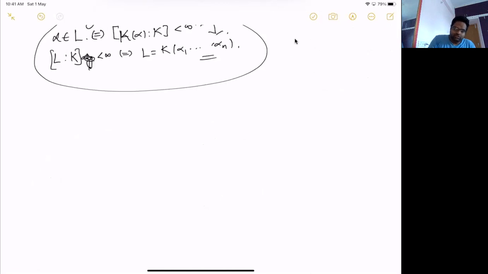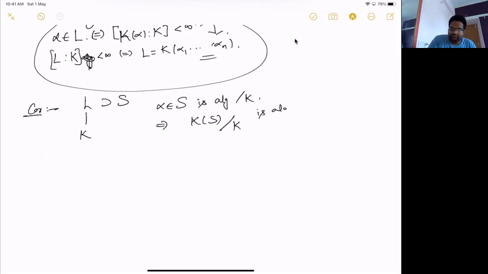Now, a corollary. Let L over K be an extension and S be a subset of L. If each alpha belonging to S is algebraic over K, then K(S) over K is also algebraic. Why is this algebraic?